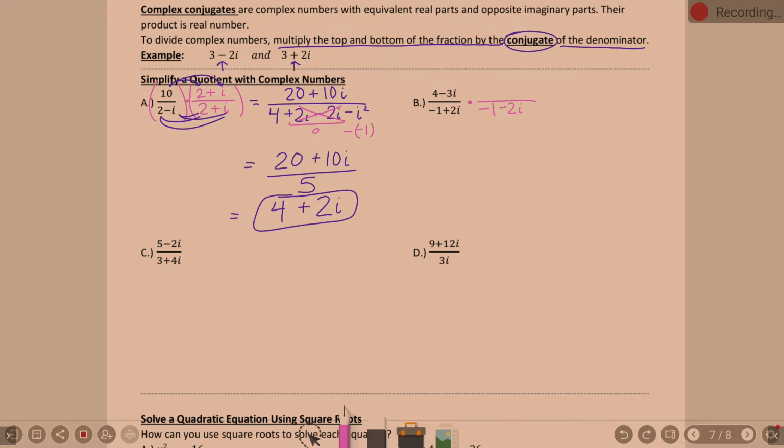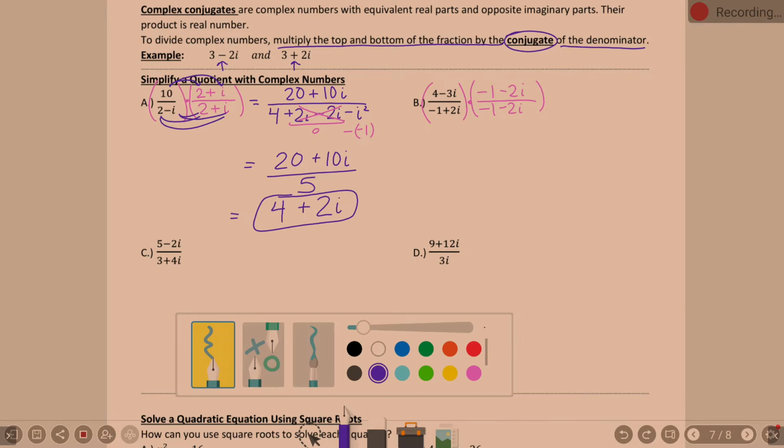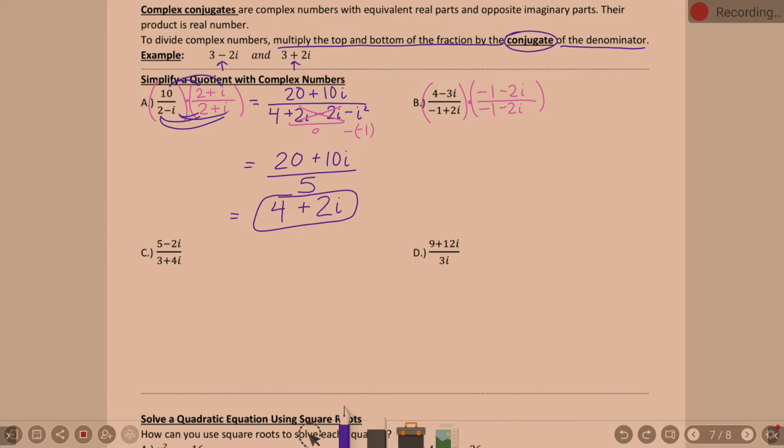Notice he kept the real part and the imaginary part just made opposite. So if it's negative 1 minus 2i, we're multiplying by negative 1 minus 2i on top. Okay? How do we multiply our numerators this time? We're going to FOIL, aren't we? If you prefer to think distribute, that's fine.